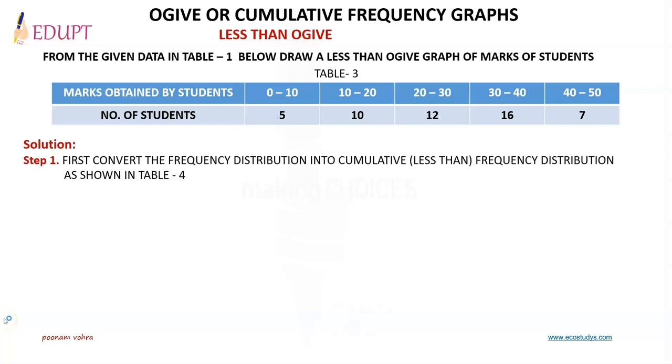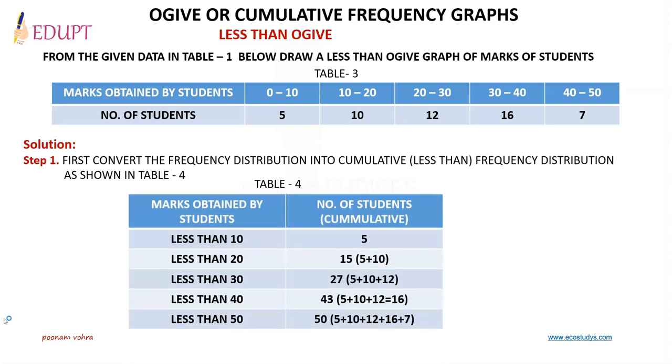First step is that you need to convert the frequency distribution into cumulative frequency distribution by less than method. Though we have done this earlier, we shall repeat how it is to be done. Marks obtained by students which are less than 10 are 5.